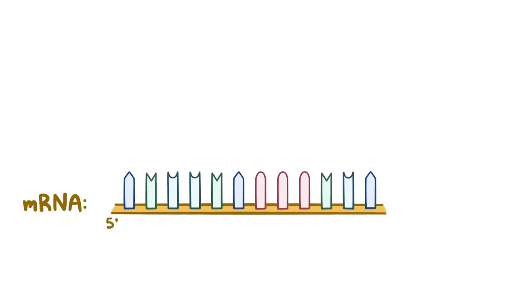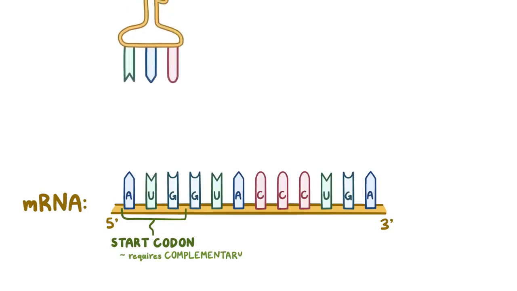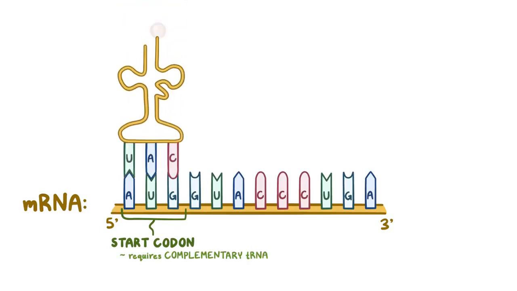So if the mRNA says the following, 5' end AUGGUACCC UGA 3' end, that means that AUG is the start codon, and immediately it requires a complementary tRNA with sequence UAC, which carries a methionine.